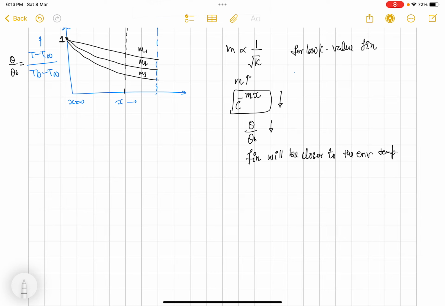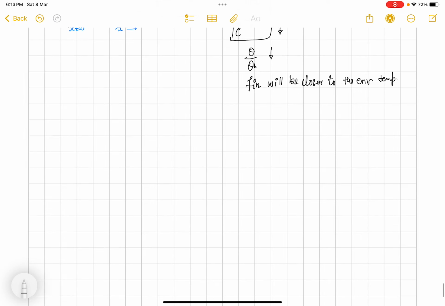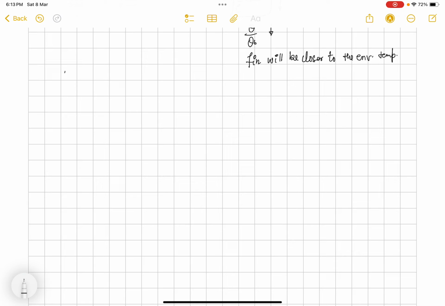Okay, so the next case we can see is the finite length fin. For a finite length fin also, we can have two cases: the case in which we are not considering the tip heat transfer, and the case in which we are considering the convection from the tip.